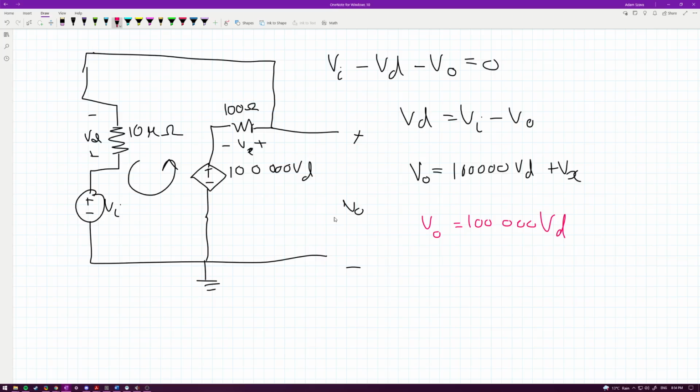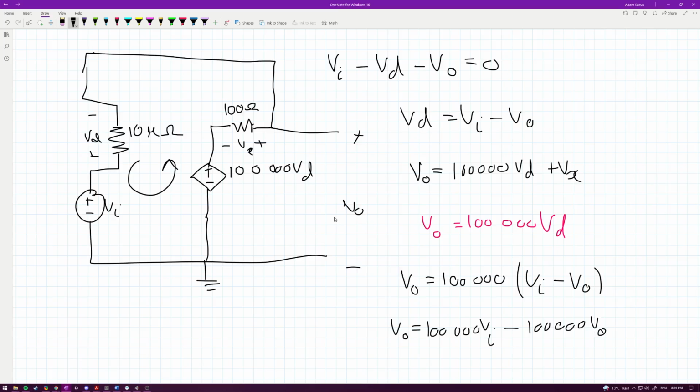Yeah, plug VD into here. So VO equals 100,000 VI minus VO. Yeah, that's what you do. We're looking for VO over VI. So VO equals 100,000 VI minus 100,000 VO.